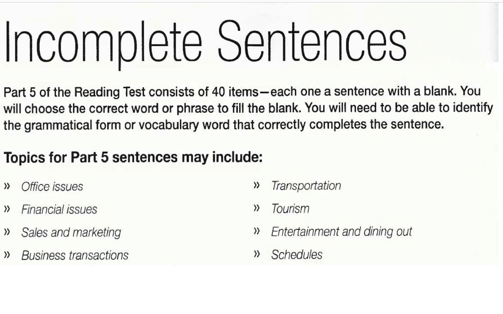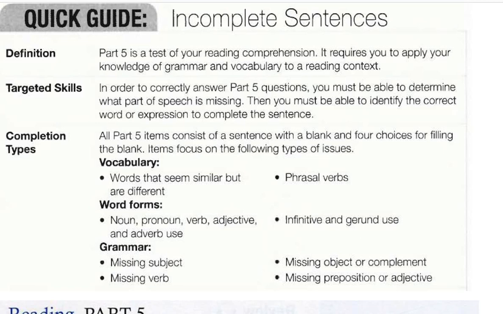Topics for Part 5 sentences may include office issues, financial issues, sales and marketing, business transactions, transportation, tourism, entertainment, dining out, and schedules. That's a short guide for incomplete sentences.